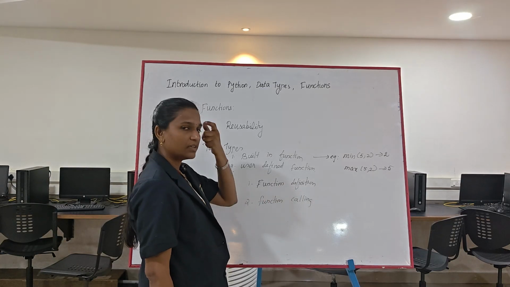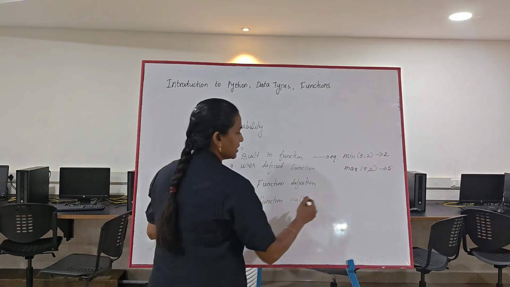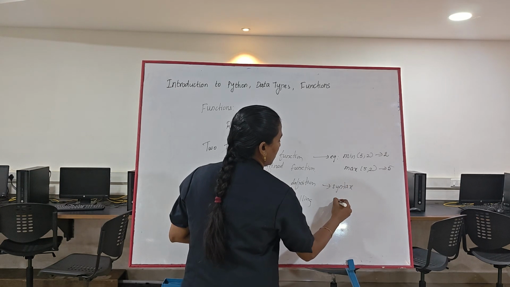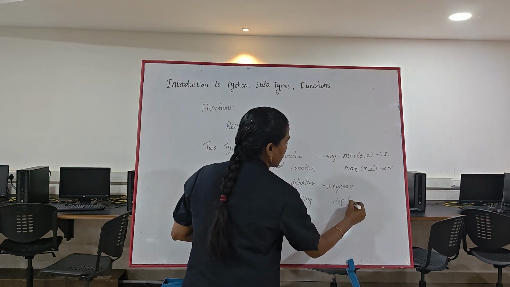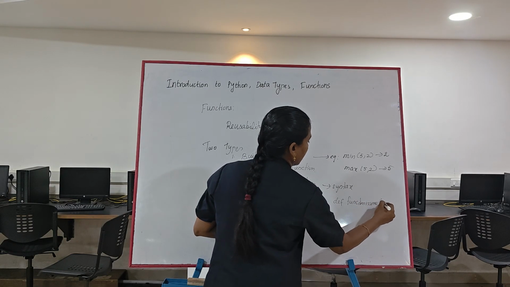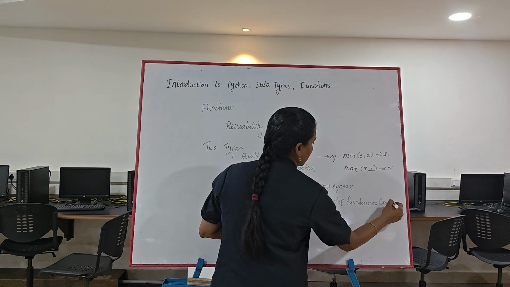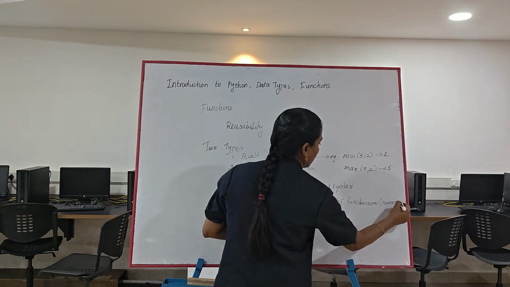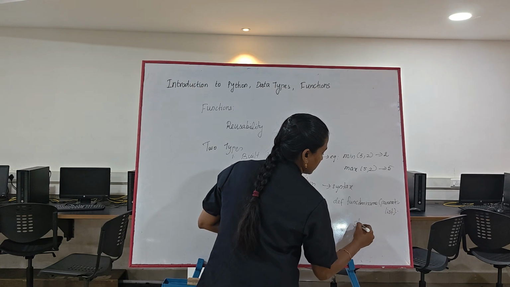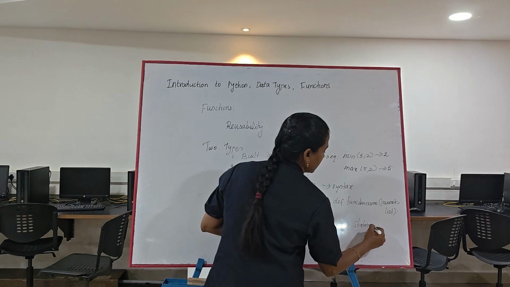First one is function definition. In the function definition, the syntax is def function name, parameter list, and then statements. We have to give the statements here.